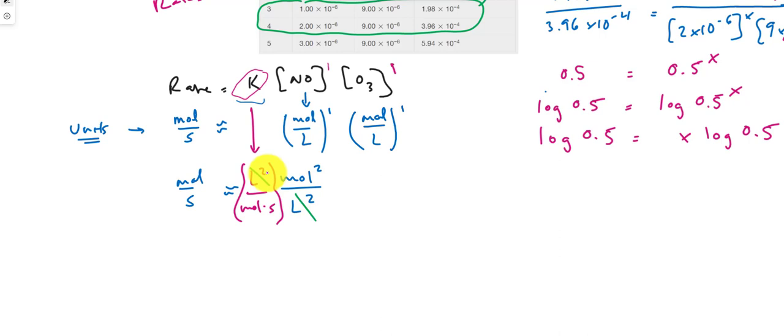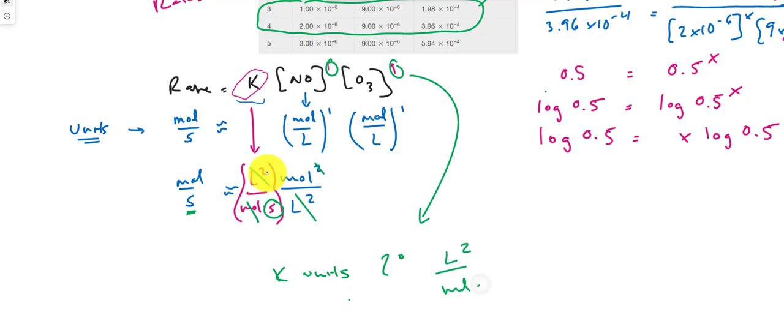So I'm going to put one of those moles down here. That's going to get rid of one of my moles. And I need the seconds here, so that's where I added the second. And so k, the units in a second order reaction, which I know because there are these two exponents here, are going to have units of liters squared per mole second.